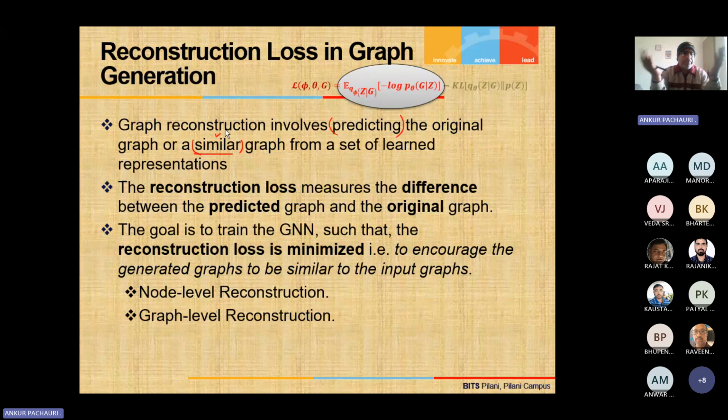Obviously it will be a mathematical operation, but not a direct subtraction. I cannot simply overlap this graph onto the rest, subtract all the edges, and say whatever is left is the similarity. No, I cannot do that. Subtraction, multiplication, addition, all the operators that you know for Euclidean data or numerical values cannot be applied to graph data.